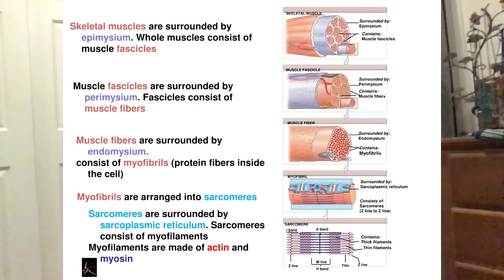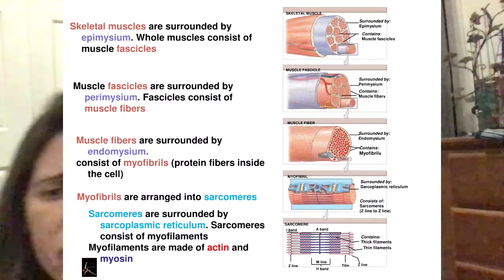So these myofibrils, and we're going to get a little more detail of these proteins, are arranged into what are referred to as sarcomeres. And that's actually what you can see in the last panel there. But each sarcomere is wrapped around an organelle called the sarcoplasmic reticulum. That's what you see in the second to last panel.